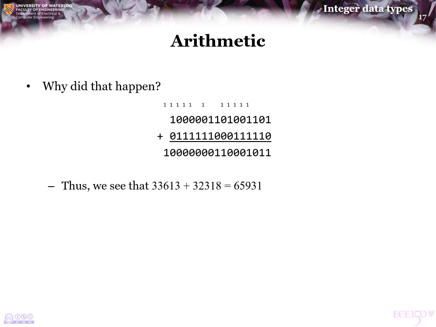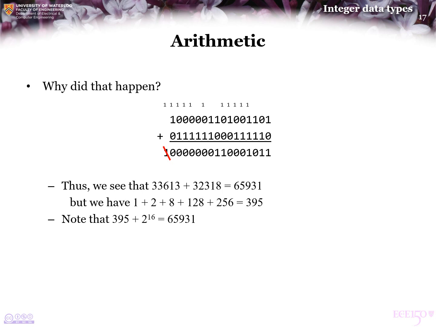However, because we're dealing with unsigned shorts, which are just 2 bytes or 16 bits, we're going to ignore that leading bit, and we're only going to use the 16 least significant bits. That number is 1 plus 2 plus 8 plus 128 plus 256, which is 395, what we saw displayed on the screen. Note that 395 plus 2 to the 16 does indeed equal the expected result.